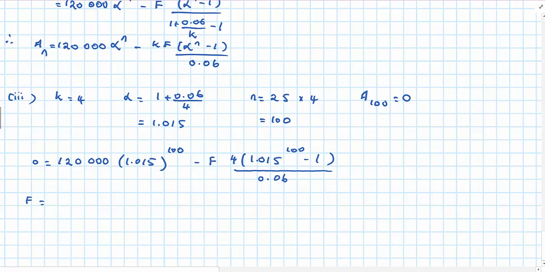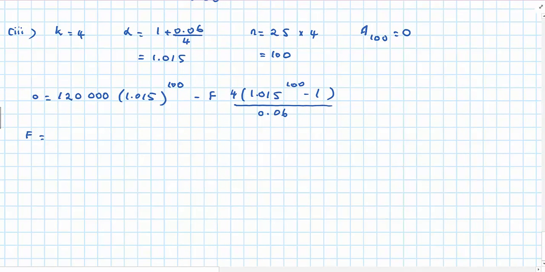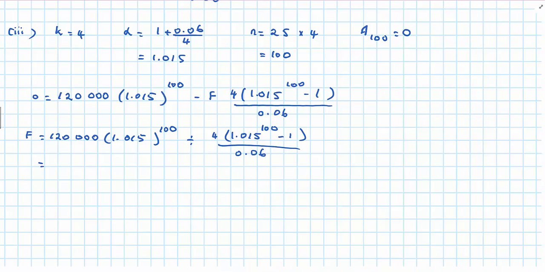As before, a bit of algebraic rearrangement. We do that calculation, which gives me $2,324.47 to the nearest cent.